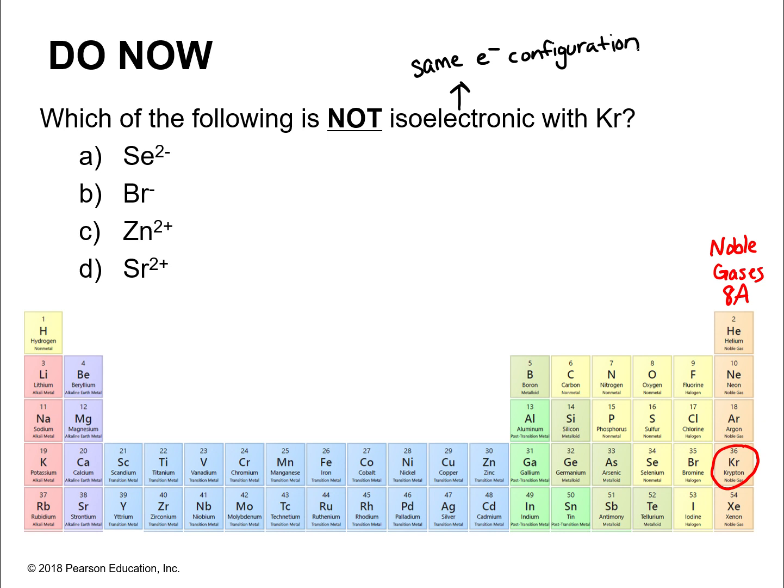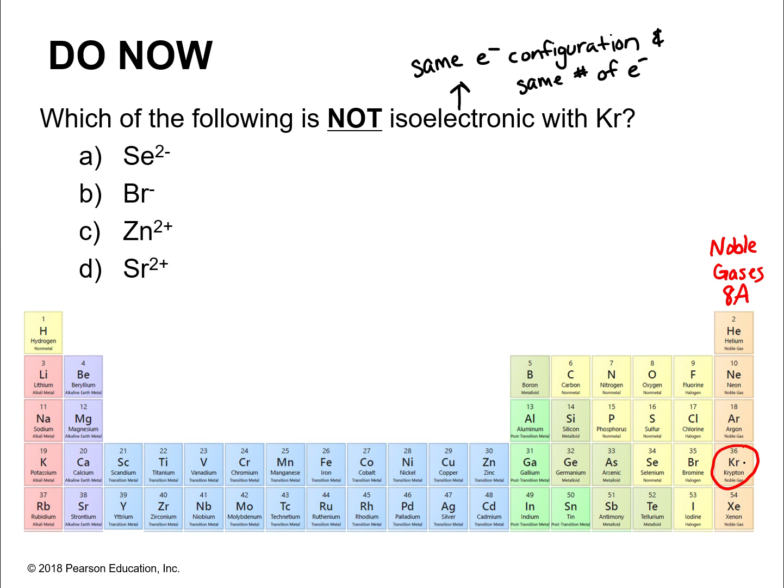If you have the same electron configuration, then that means that you have the same number of electrons. So you can do this problem without actually writing out all of the configurations for these ions.